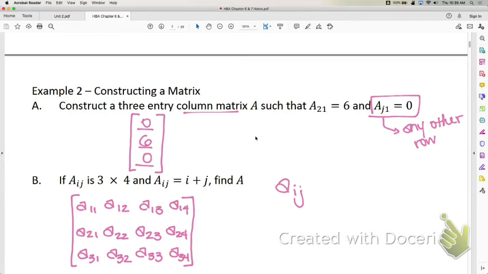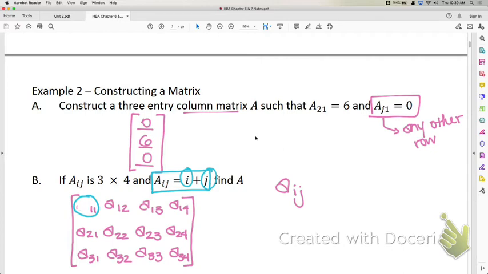So what they're doing is they're giving you a formula to fill in your matrix. And here is your formula. They're saying any entry, you are going to take that entry's row and column number and add them together. So for this first one, A sub 1,1. Row number is what? 1. Column number is 1. If I add them together, I get 2.